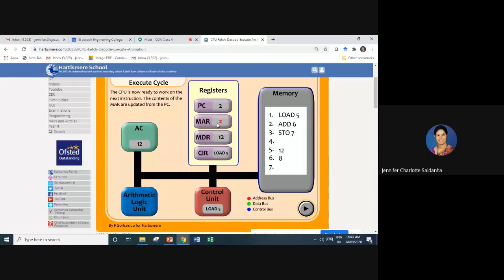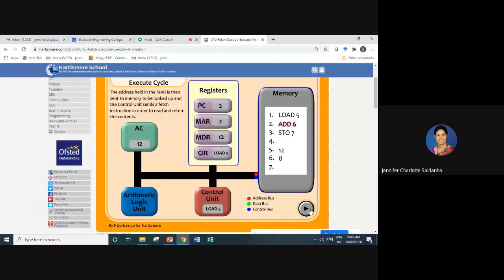Same process. From MAR, it will go to memory along with the read operation, read cycle from the control unit. Then the instruction present in the memory location 2, that is the content of that location, is placed into the data bus and it will flow to where?